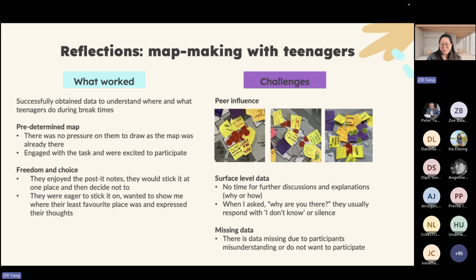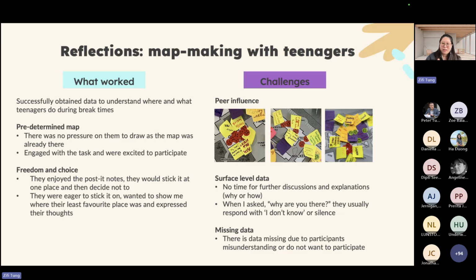But now in hindsight, it was going to happen because it was in a group situation. So you can see one of the images here where all the sad face stickers are in one area. There were a few in that area, I think 1, and a student was kind of deciding where her least favorite place was, and she was just kind of like, I don't really know.